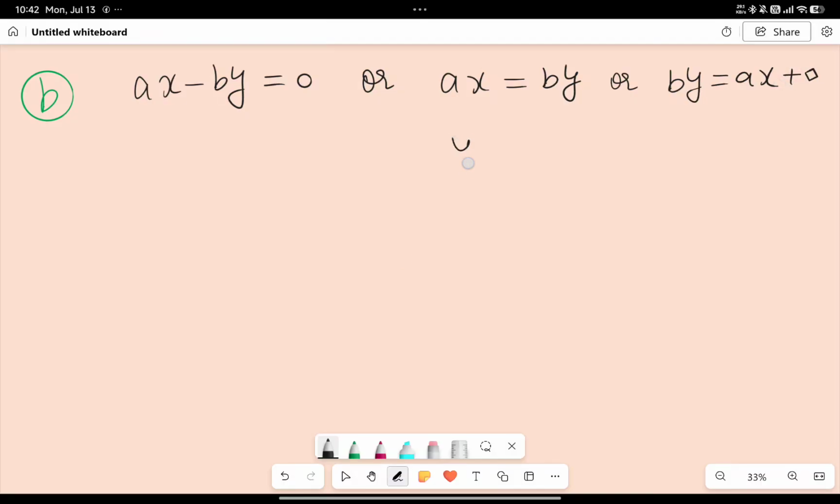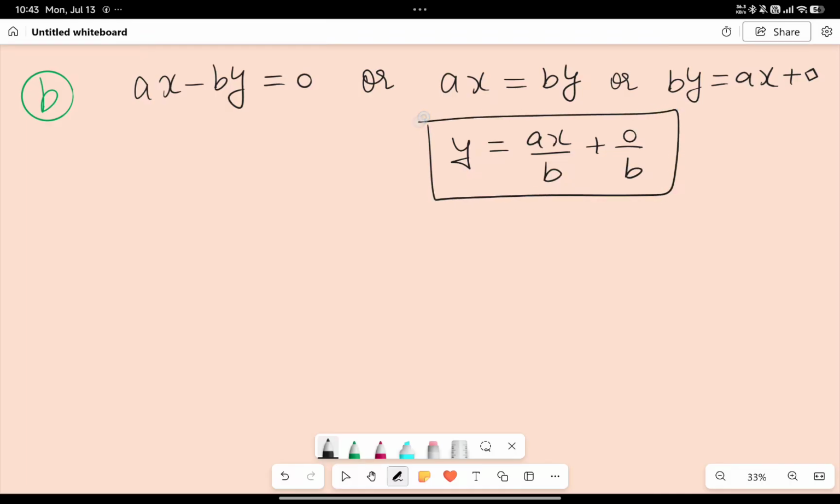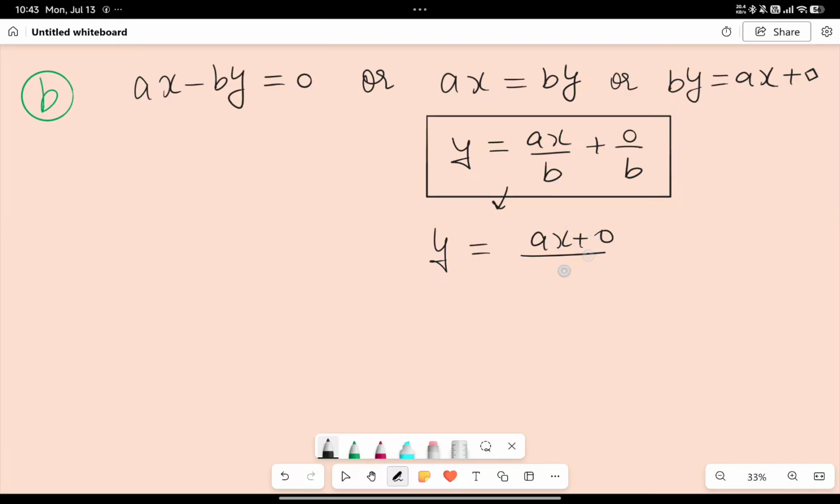In another step, y is equal to ax over b plus 0 over b. This is again a problem for some students to understand. B was here initially, so it goes here, and in the next step I separate it.